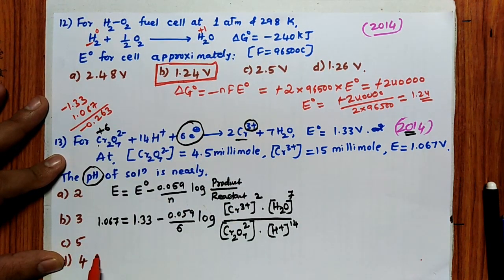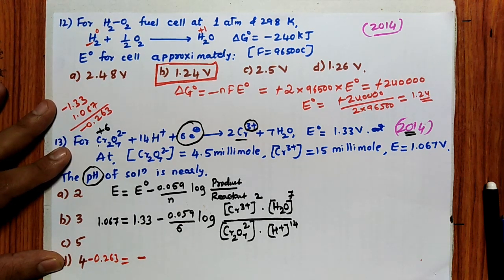So I will write minus 0.263 is equal to minus 0.059 divided by 6. How much will you get? Here also I will take it as 0.06, no problem. 59 is there, 6 you take. 0.06 divided by 6, how much will you get?